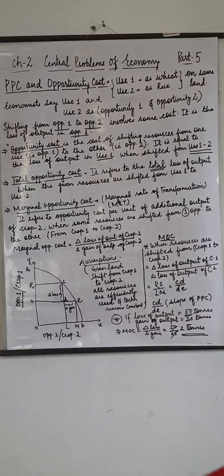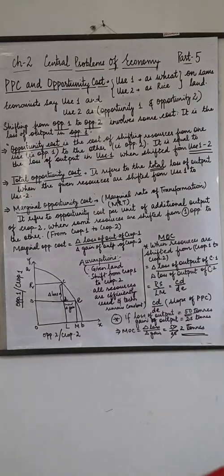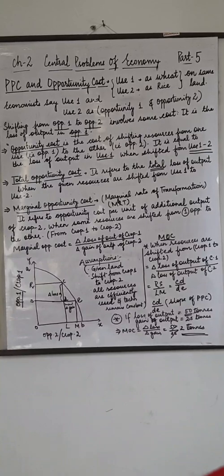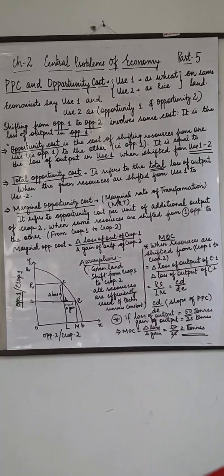Keeping in mind these assumptions, when we frame the curve, it is a downward sloping curve and concave to the origin. We have discussed how the problem of choice persists in what to produce, how to produce, and for whom to produce. What to produce means whether we should produce capital goods or consumable goods.